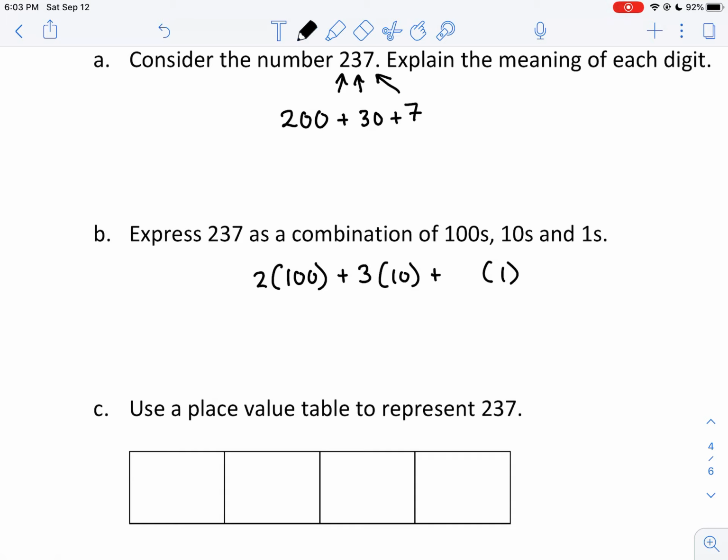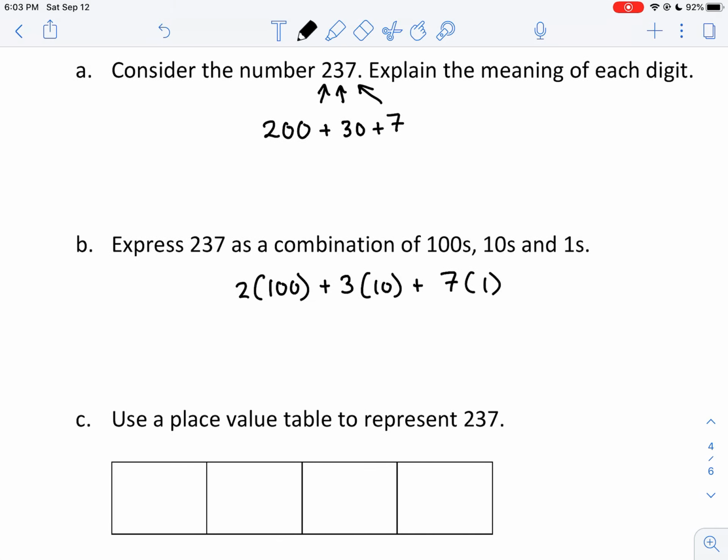So 30 is 3 tens, and 7 is just 7 ones. So we have 2 hundreds, 3 tens, and 7 ones put together, and that gives us this number that we call 237. You can also view these as different powers of 10.